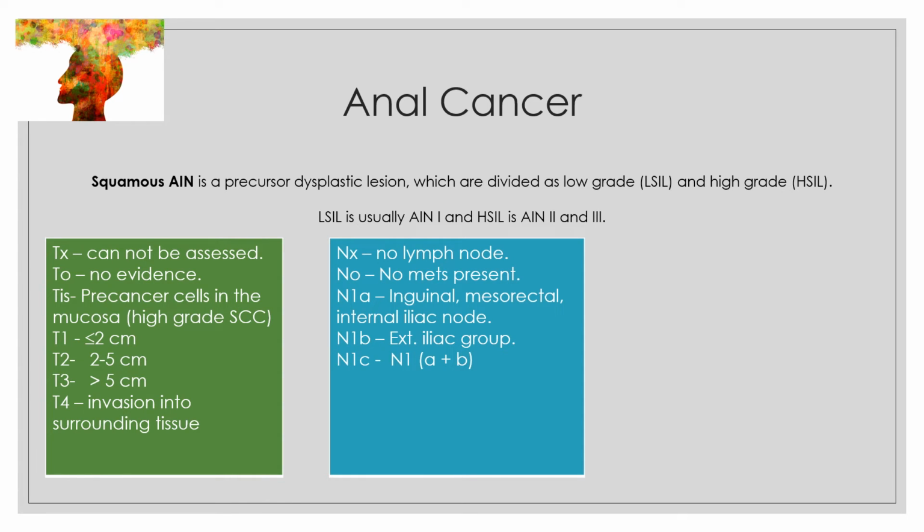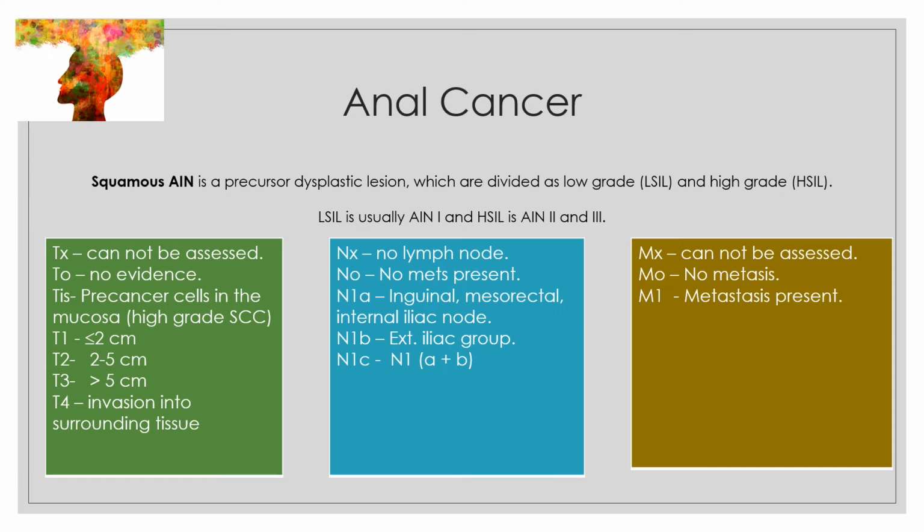Lymph nodes similar. N1A is inguinal or mesorectal lymph node or internal iliac group. N1B is involvement of the external iliac group, and N1C involves the lymph nodes of both groups. And if any metastasis is present, it is M1.